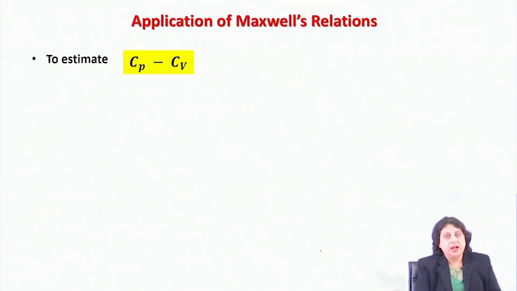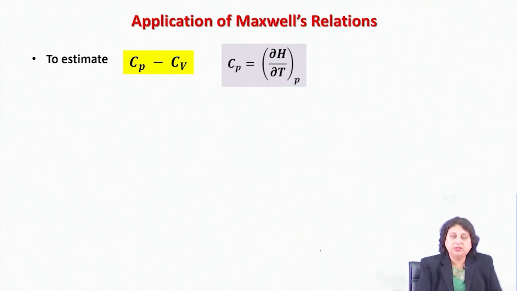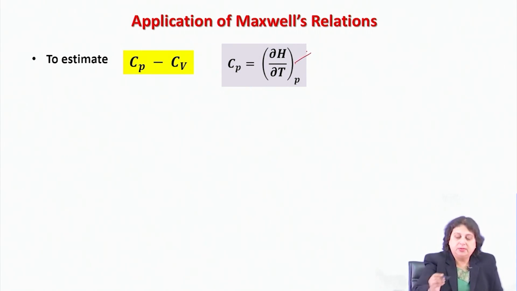Let us next go to a second application, and in this case I am going to estimate Cp minus Cv. Now let me remind you the definitions. So what is Cp? Cp is the partial differential as shown here.